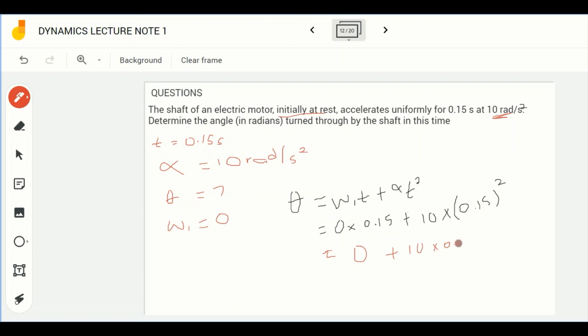Therefore, my final answer, the angle turned, is 0 plus 10 times 0.0225, which will give us 0.225 rad. So here is my final answer. That is the angle turned by the shaft in that time. Question: a grinding wheel makes 300 revolutions.